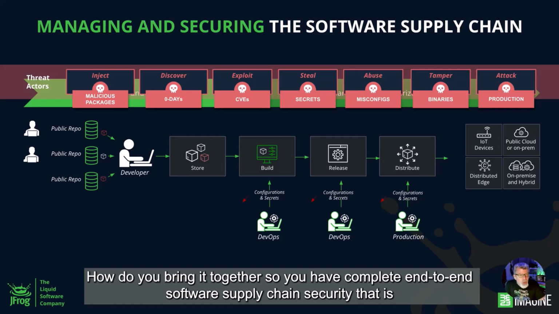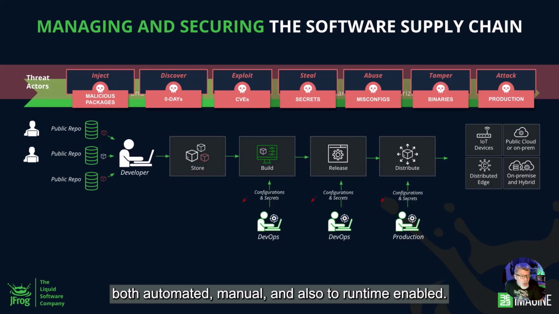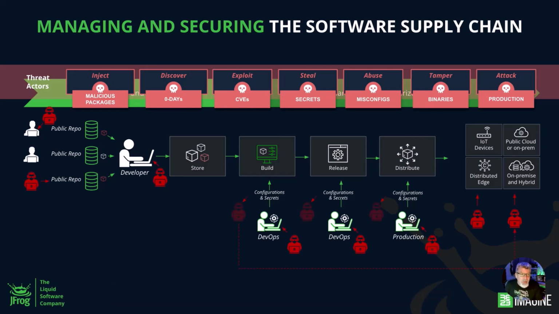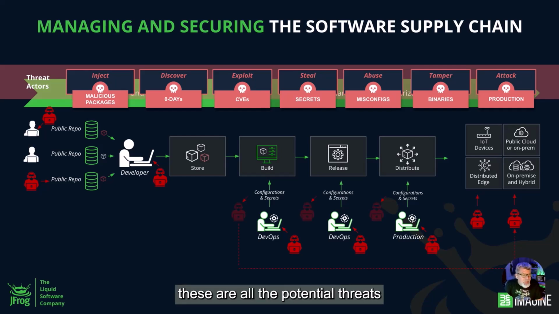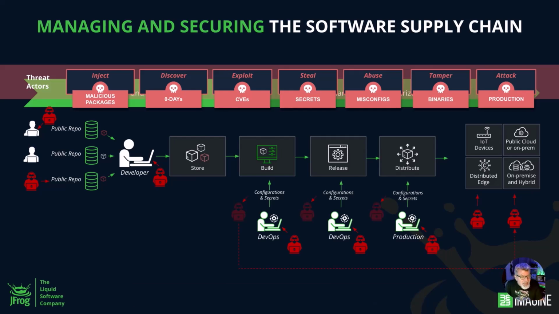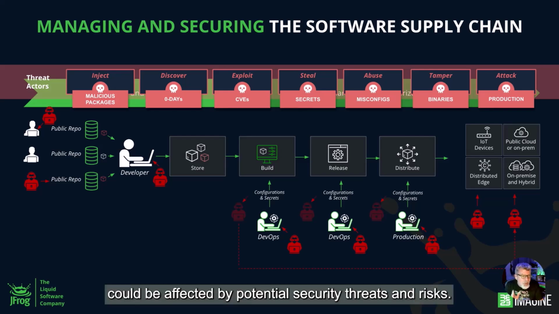How do you bring it together so you have complete end-to-end software supply chain security that is automated, manual, and also runtime enabled? So when you look at this, these are all the potential threats that can hit a company. Think about this. Every single part of the software supply chain, the SDLC, the software development lifecycle, could be affected by potential security threats and risks.